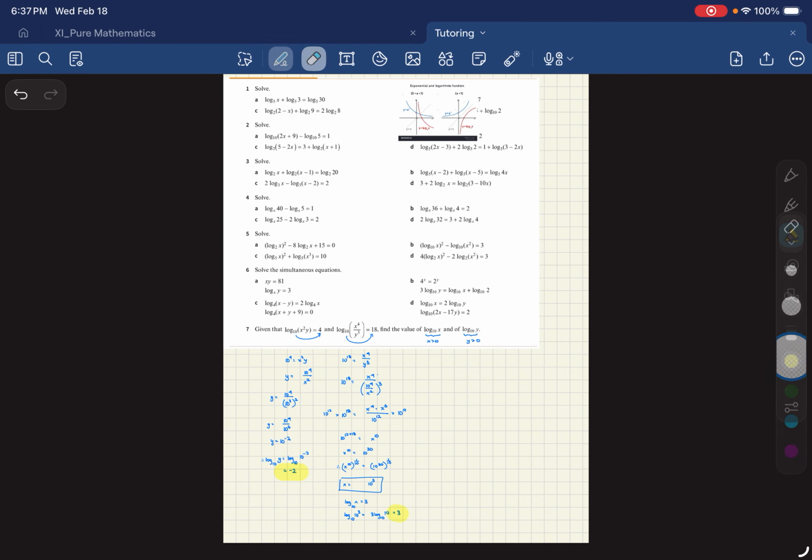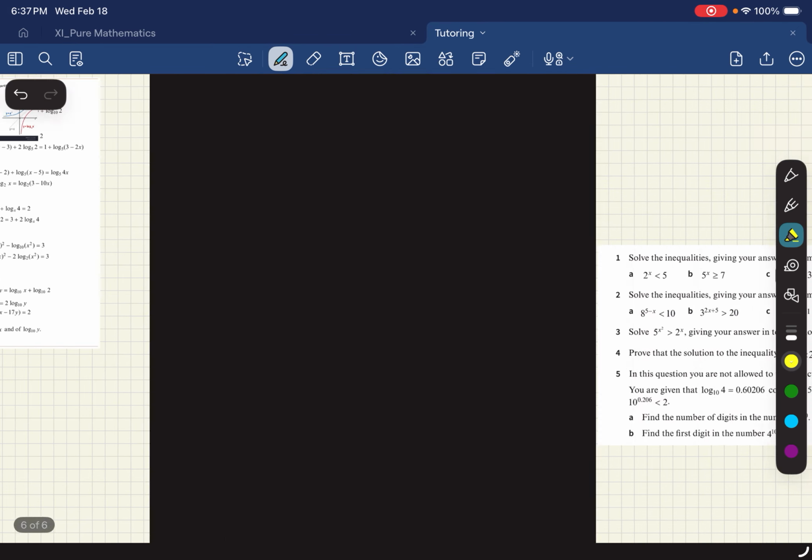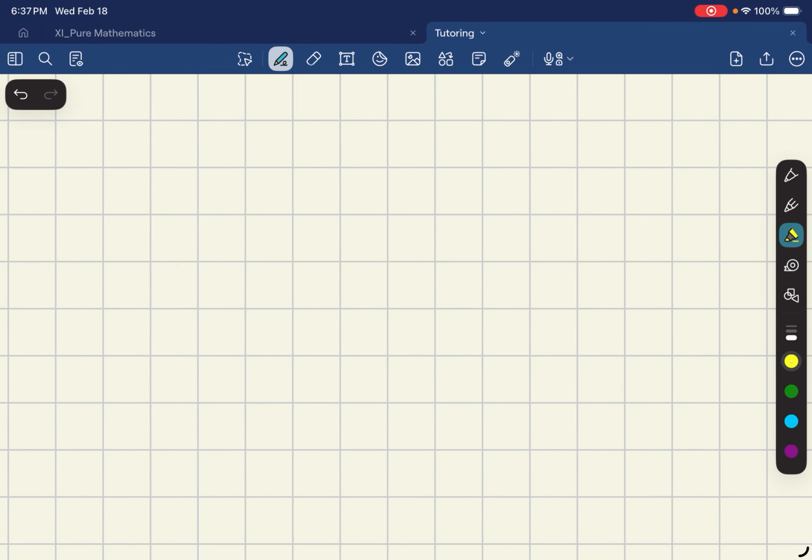All right, so moving on to exponential inequalities. Basically, if you have, say, a less than b, or a greater than b, or a less than or equal to, greater than or equal to, it does not really matter.